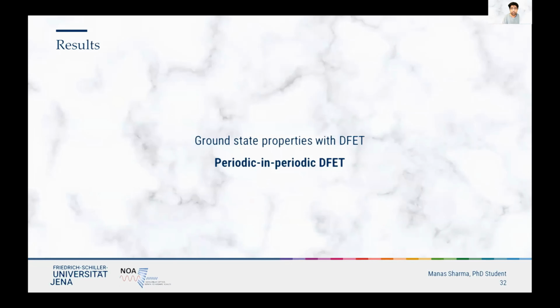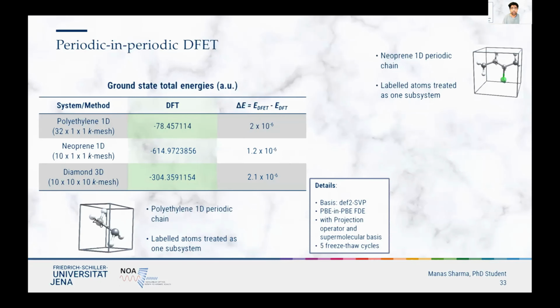Then I have also implemented periodic in periodic embedding using this method 3 via the projection operator. And again, we see that if you consider the errors of the DFET total energies compared to the regular DFT energies, then you get micro Hartree accuracy. So something like 2 × 10⁻⁶, 1.2 × 10⁻⁶.